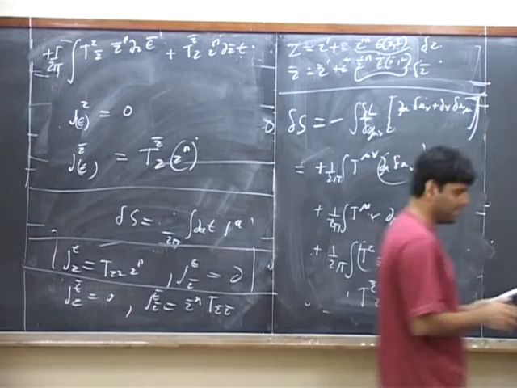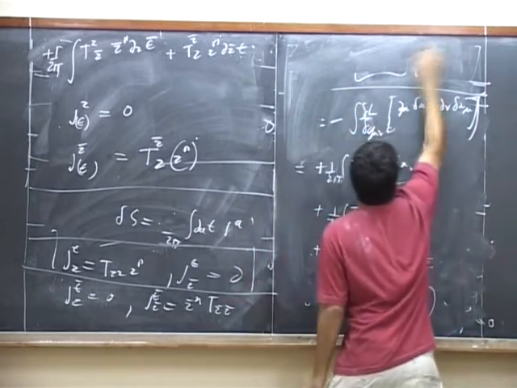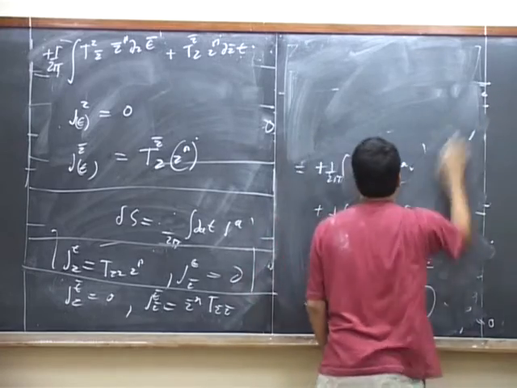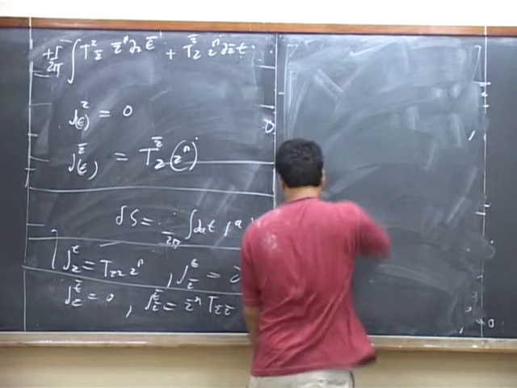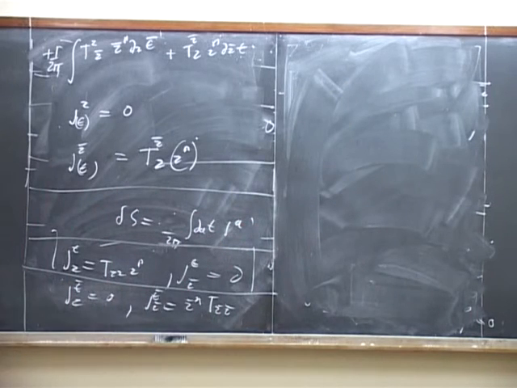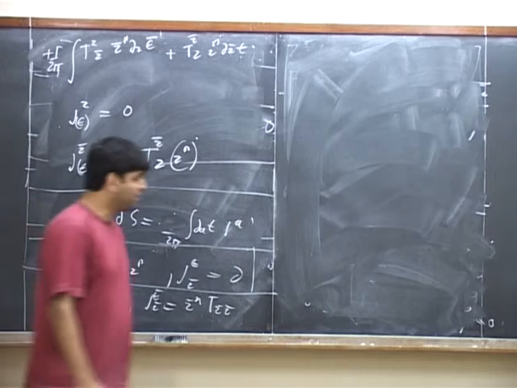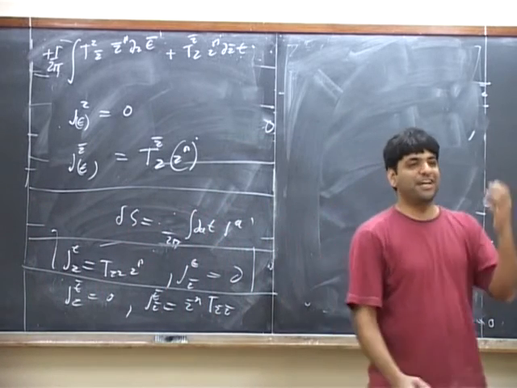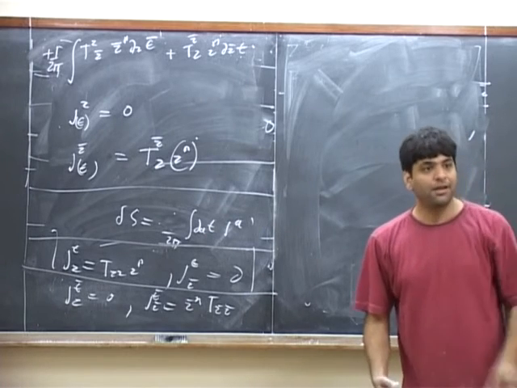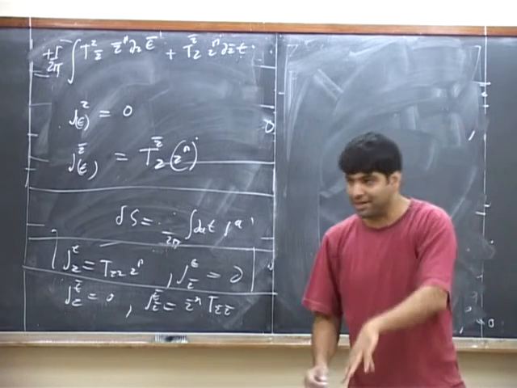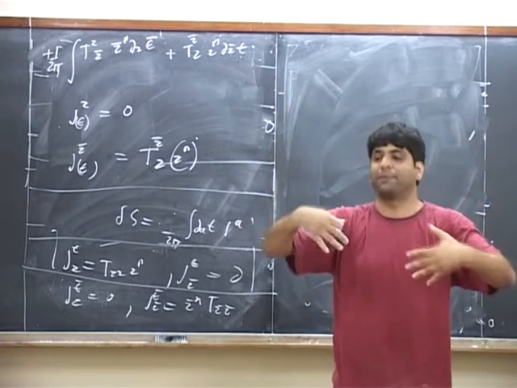Let's use the result of our previous analysis. The result of our previous analysis was that the residue of J with the operator plus the residue of J bar with the operator has a singularity which changes the operator times 4.